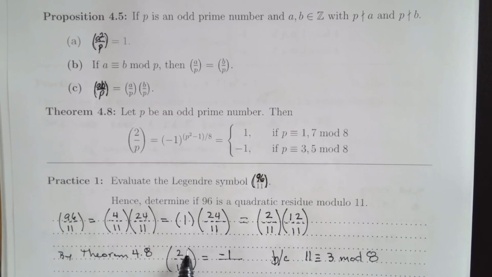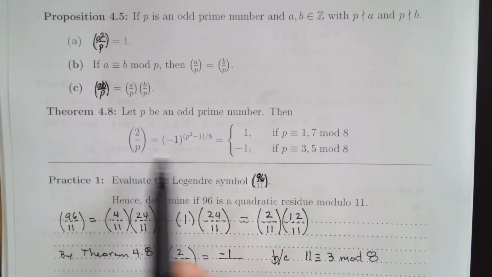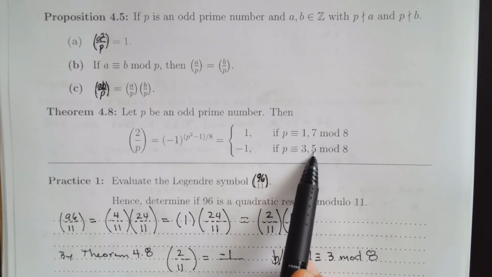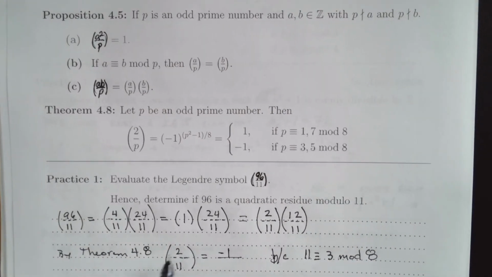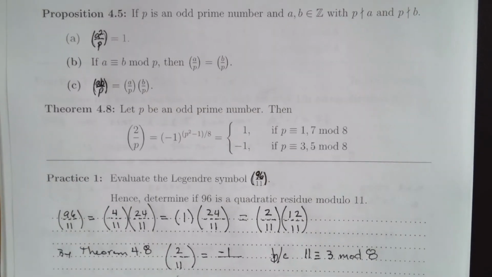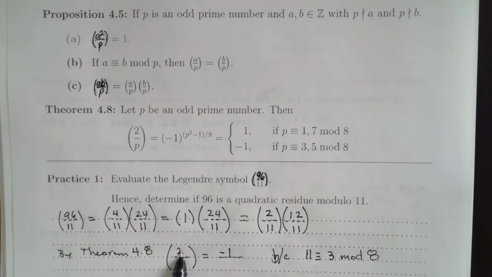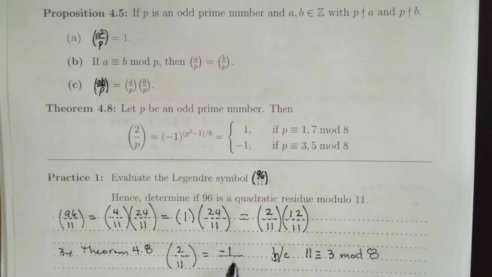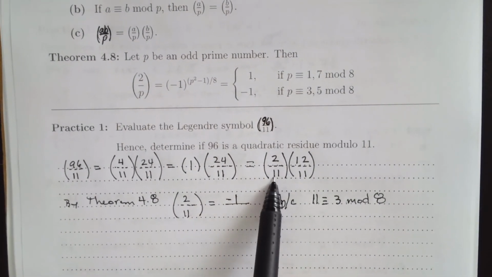So once again, if P is prime, the Legendre symbol of 2 modulo P will equal -1 if P is congruent to 3 or 5 modulo 8. 11 is congruent to 3 modulo 8, so therefore 2 is a quadratic non-residue modulo 11. Okay? Now, that's for the Legendre symbol of 2 modulo 11.